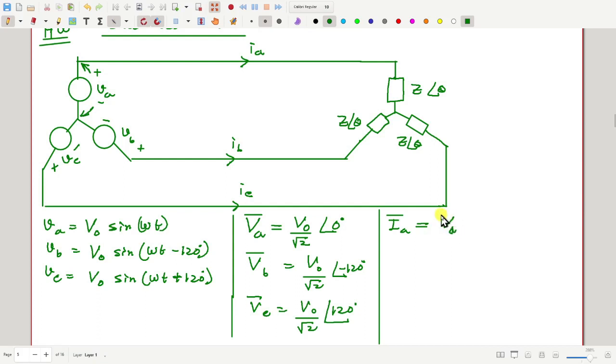V naught by Z root 2 angle minus theta. So let me first write V naught by root 2 for the voltage, and the current IA is V naught by Z root 2 angle minus theta.